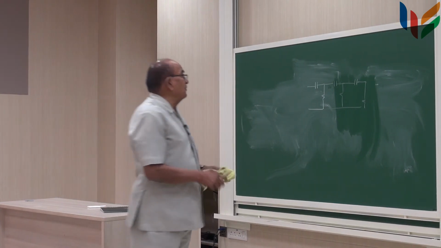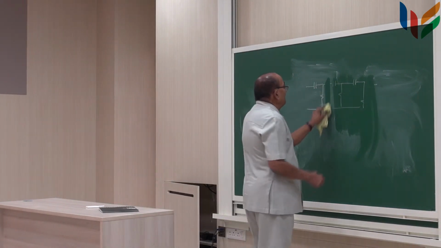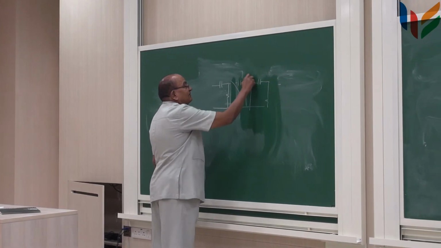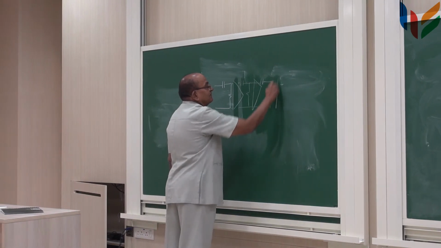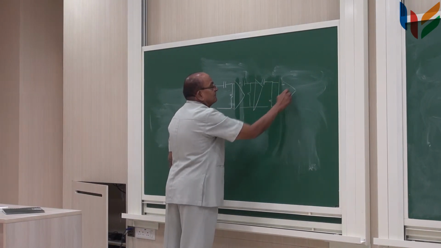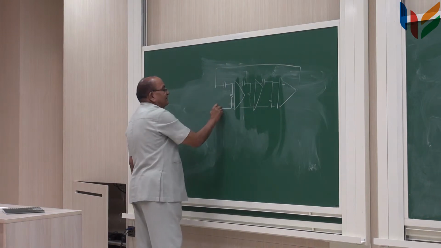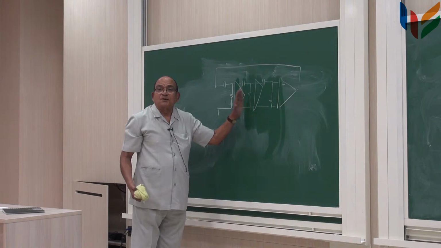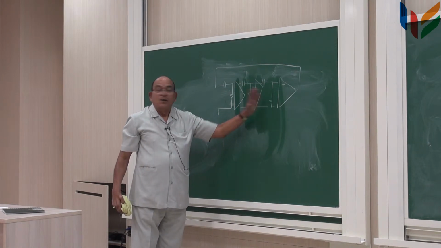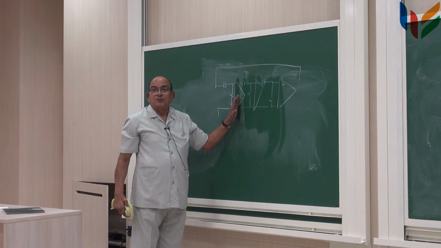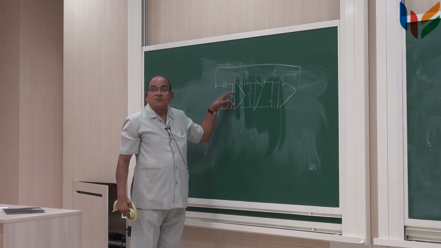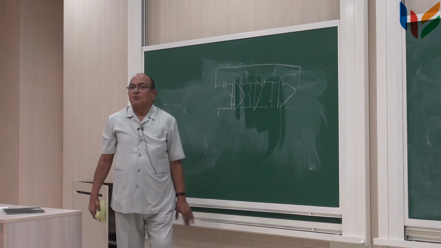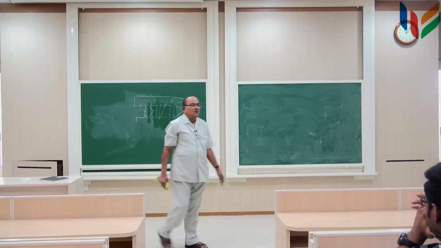So, ideally if you could isolate these by putting unity gain amplifiers, are you with me? So that this section is isolated from this section, this section is isolated from this section, and this is the ideal unity gain amplifier, so that the input impedance is infinity and output impedance is equal to 0. So there is no loading of one network on the other.